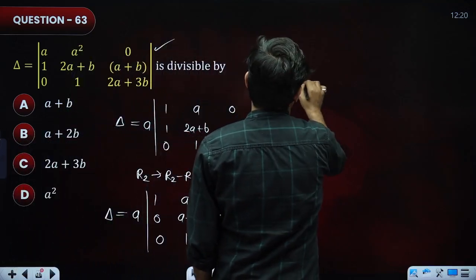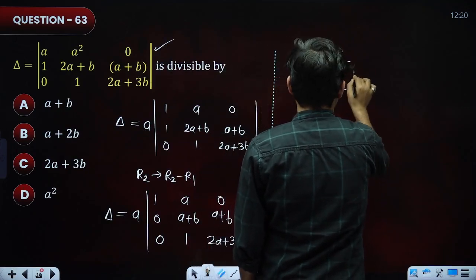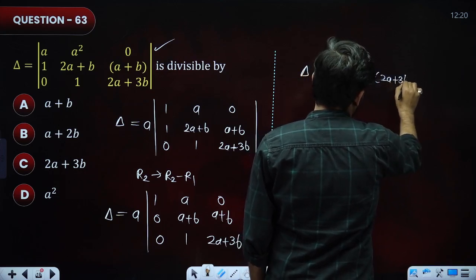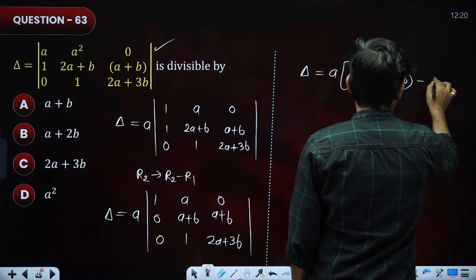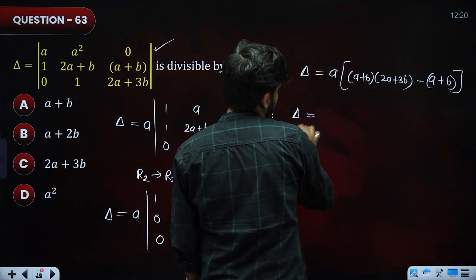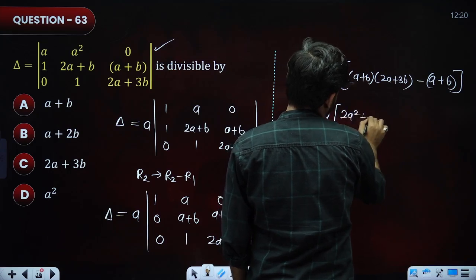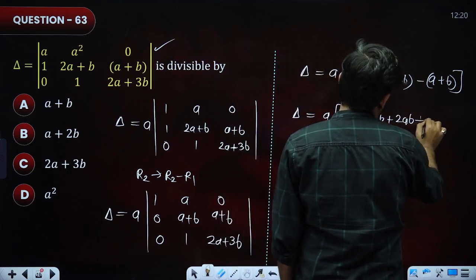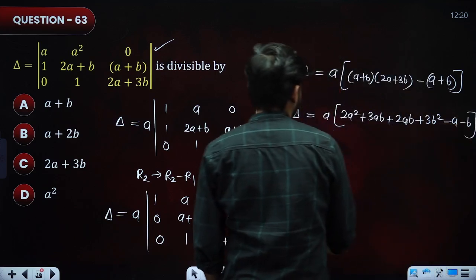Now in that case, del is equal to a into a plus b into 2a plus 3b minus a plus b. For that case, del equals 2a square plus 3ab plus 2ab plus 3b square minus a minus b.